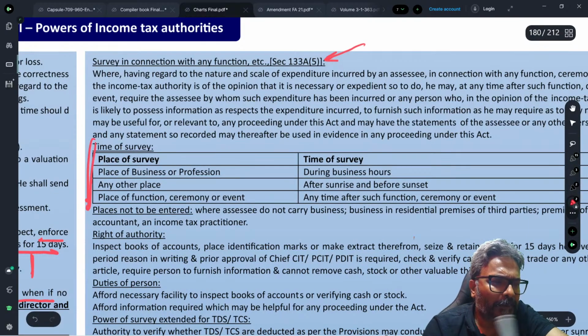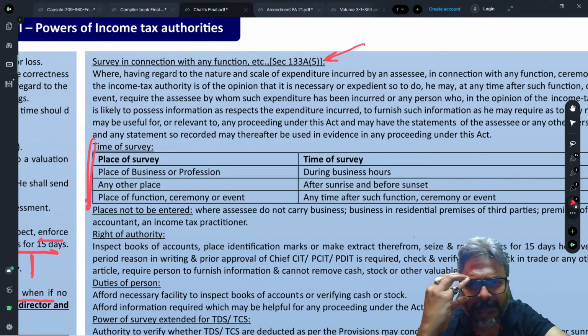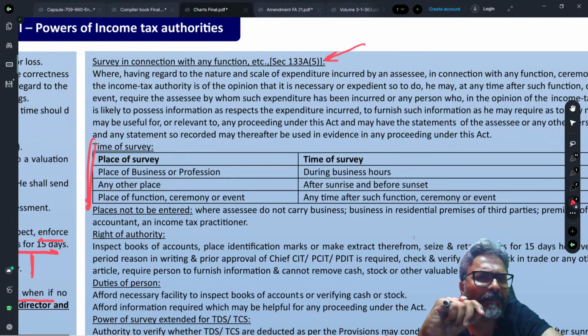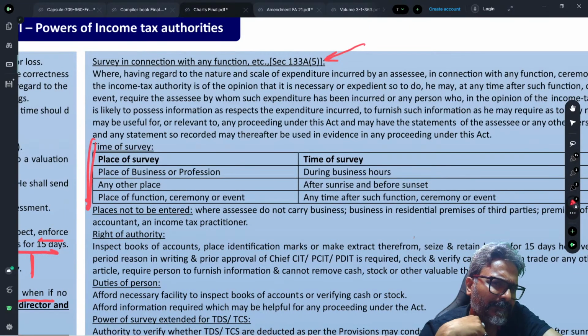Even this is a very popular part which they keep asking in the examination. So the time of survey: if you are talking about doing the survey in the place of business, then the survey will be done during the business hours.